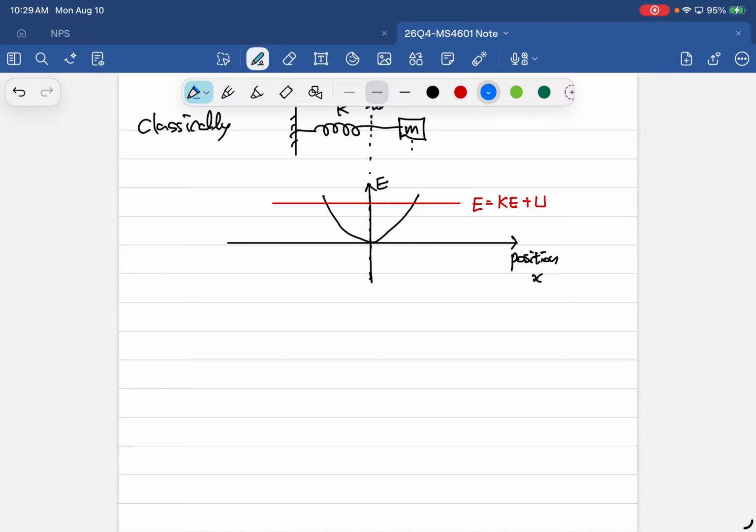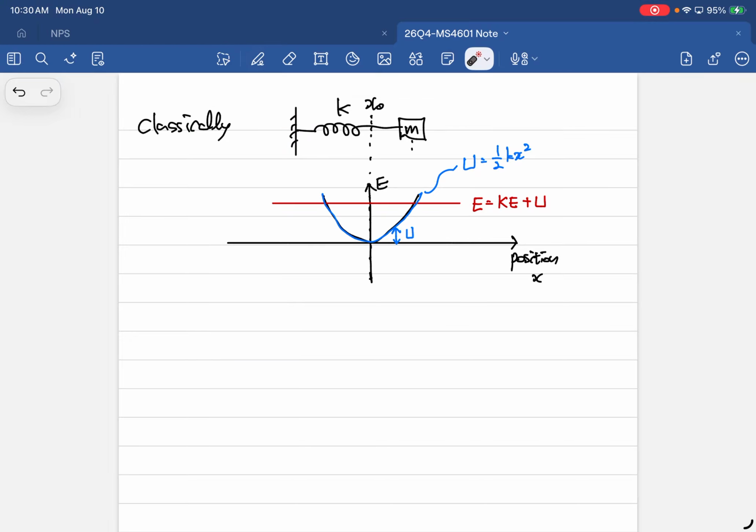If I represent this in blue, this is the potential energy, which is 1/2 k x squared. Graphically, this much is the potential energy, but the total energy needs to be conserved. Total energy is kinetic plus potential, so the difference here must be the kinetic energy.